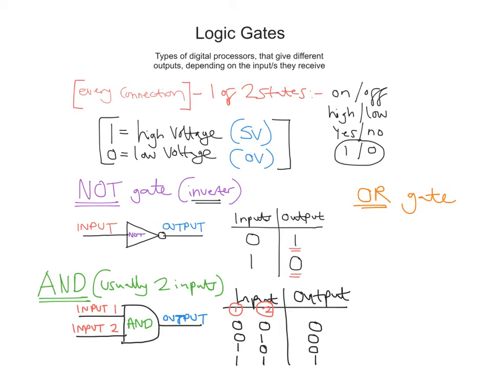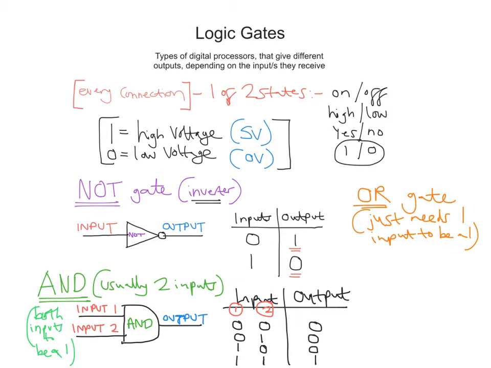So for the OR gate, again, we've got two inputs, but it just needs one input to be a 1. Whereas the AND gate needed both of them. So I might just add that for reference here. Both inputs to be a 1, to get a 1 for an output.